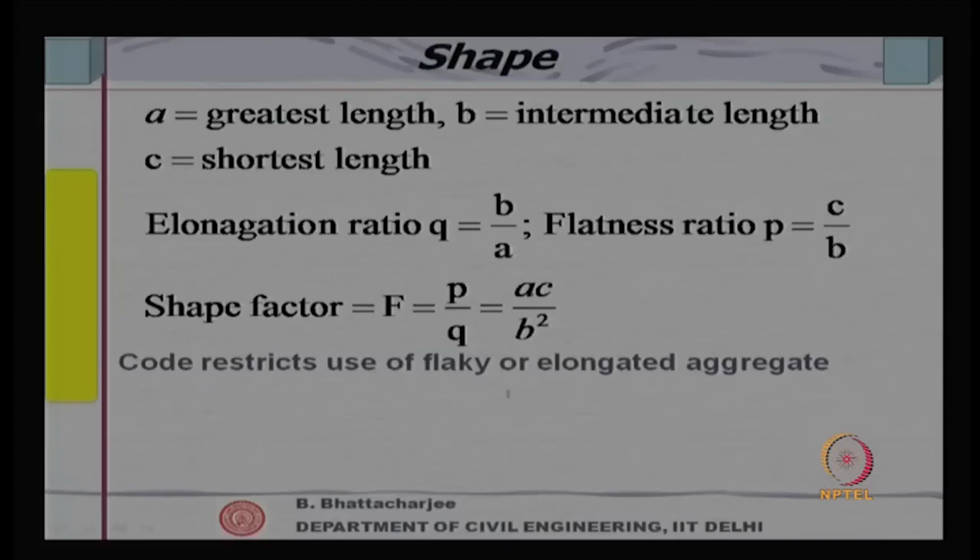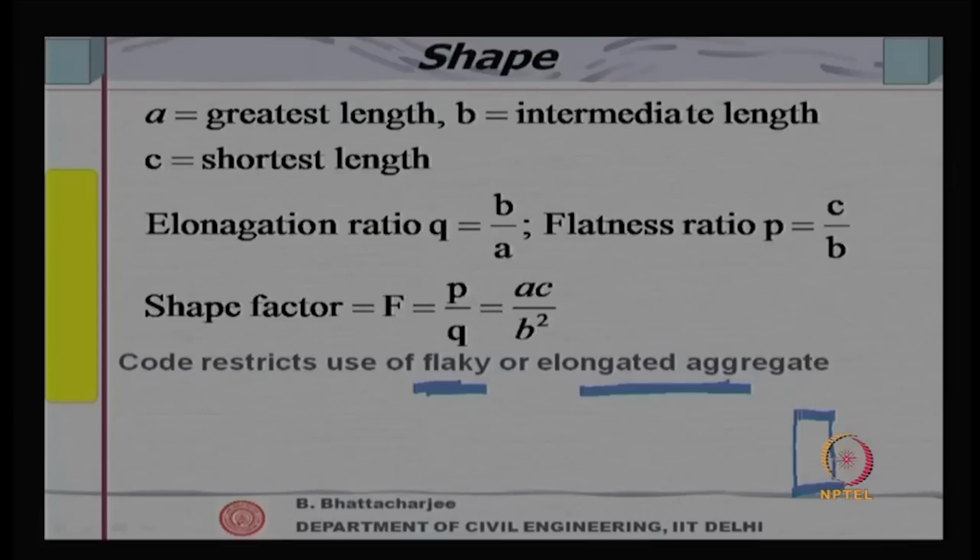Codes, basically all codes, will restrict use of flaky or elongated aggregates, because they would normally create planes of weakness when you put them together.